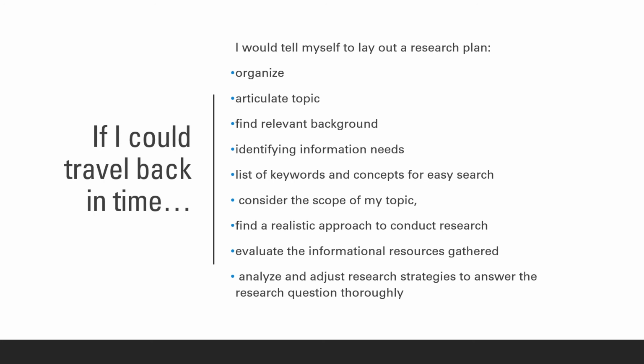So I would make sure I have all of these in my research plan so that I can have a better organizational plan and use my time wisely in getting this information in a timely manner.